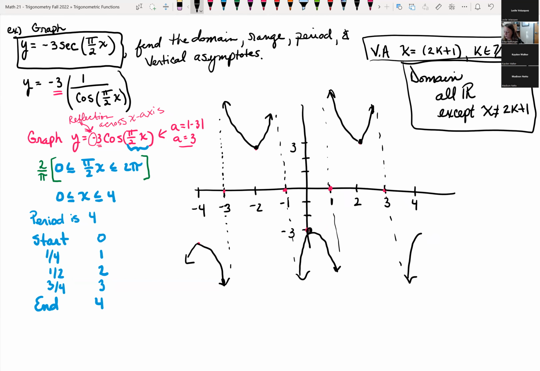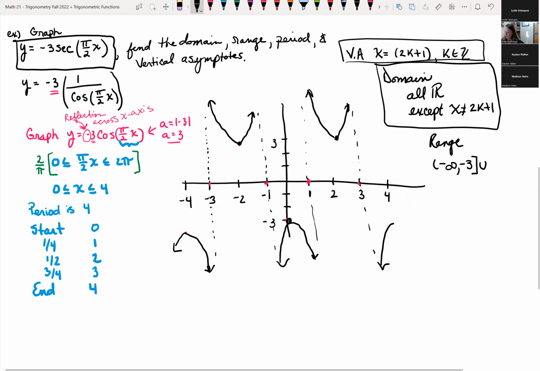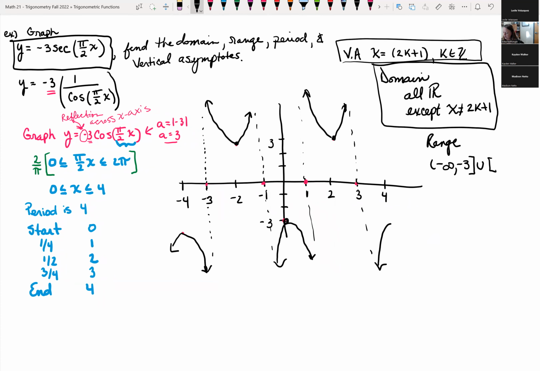Our range, so our y values here, those are -infinity to -3, including -3, union bracket 3 to infinity.